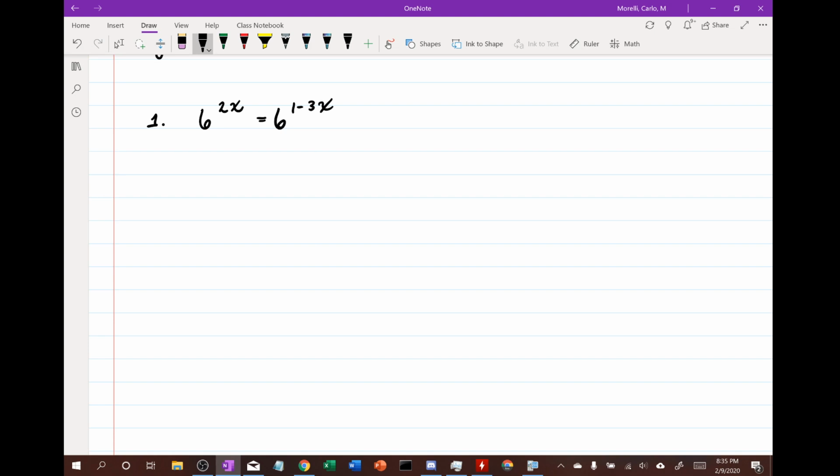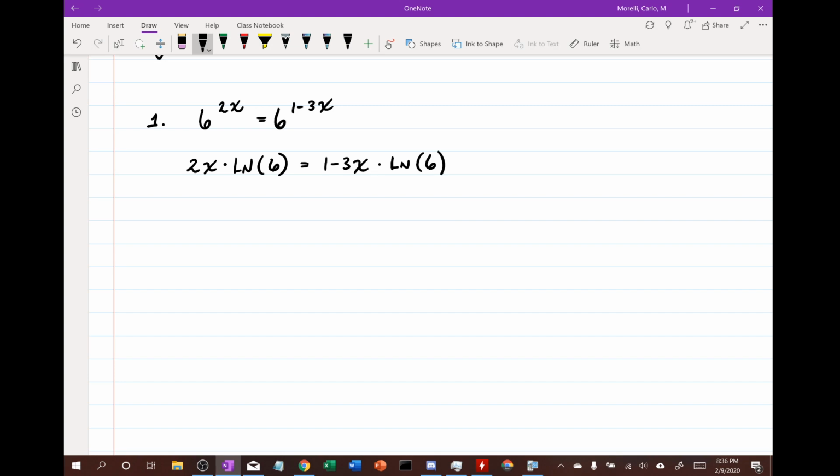Okay, so here's the deal. What we're going to do is write 2x, and then we'll write natural log of 6 equals 1 minus 3x times the natural log of 6.